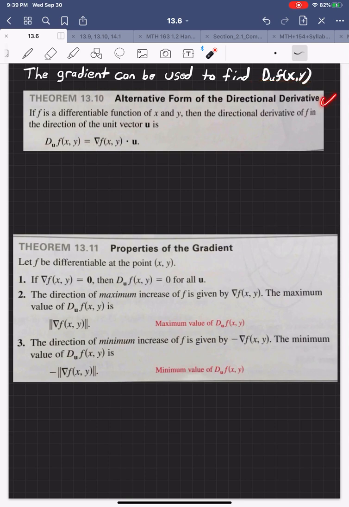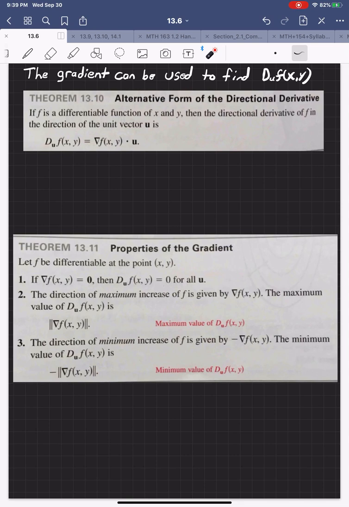That's what's being shown here. Notice that if you take the gradient and dot product that with u, what comes back out is the directional derivative. So you can use the gradient to find the directional derivative. This is a very important formula to have readily available.